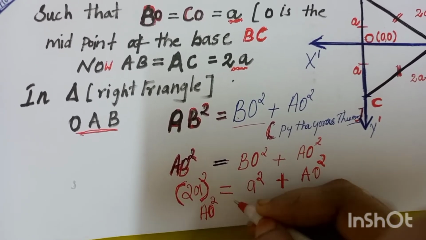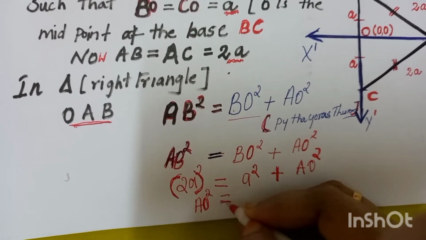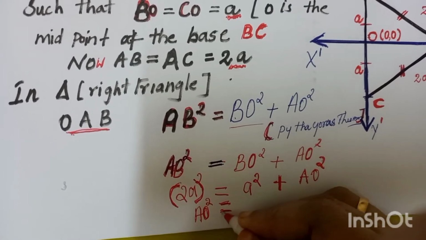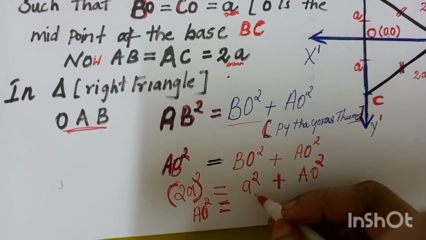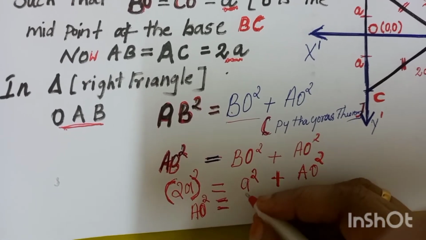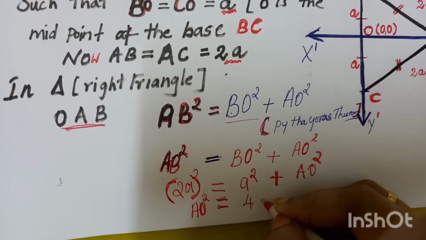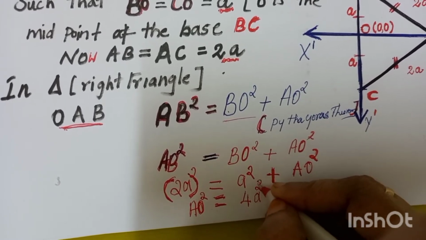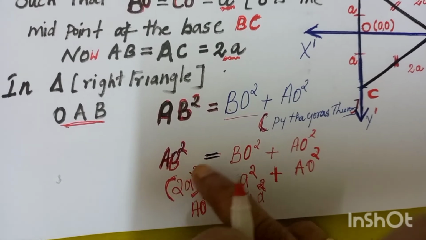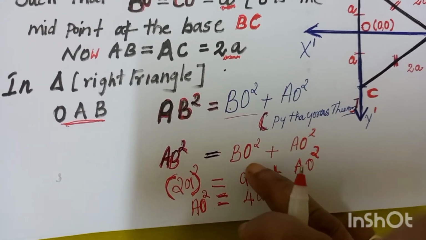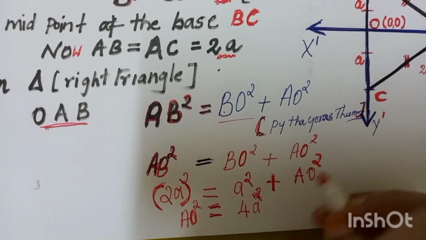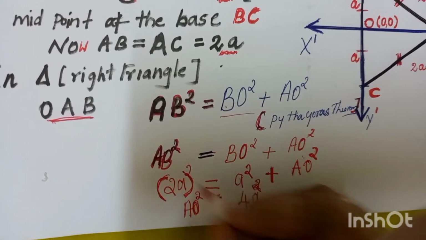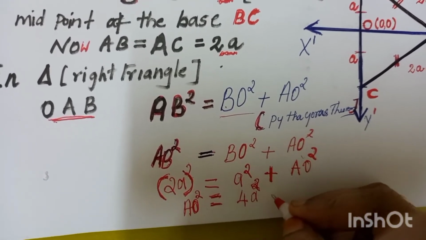AO square is equal to 2a whole square, which means 4a square, minus a square.